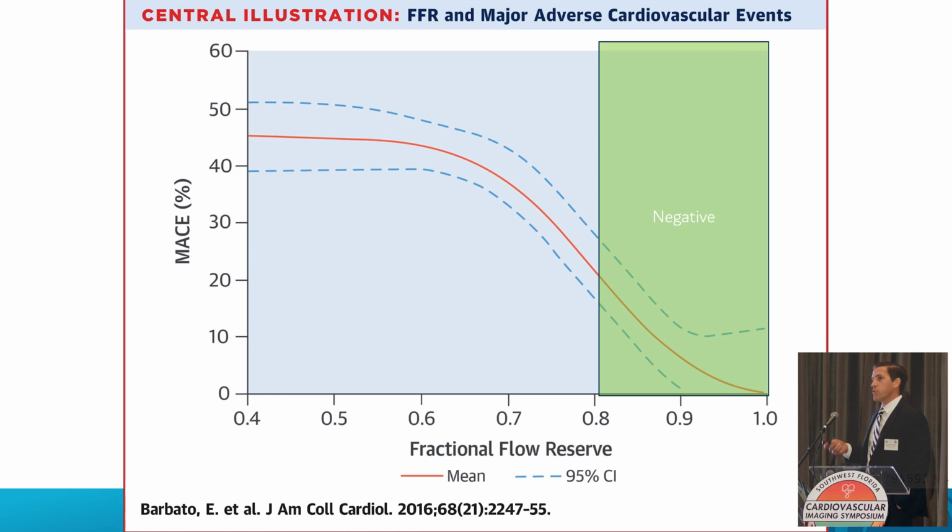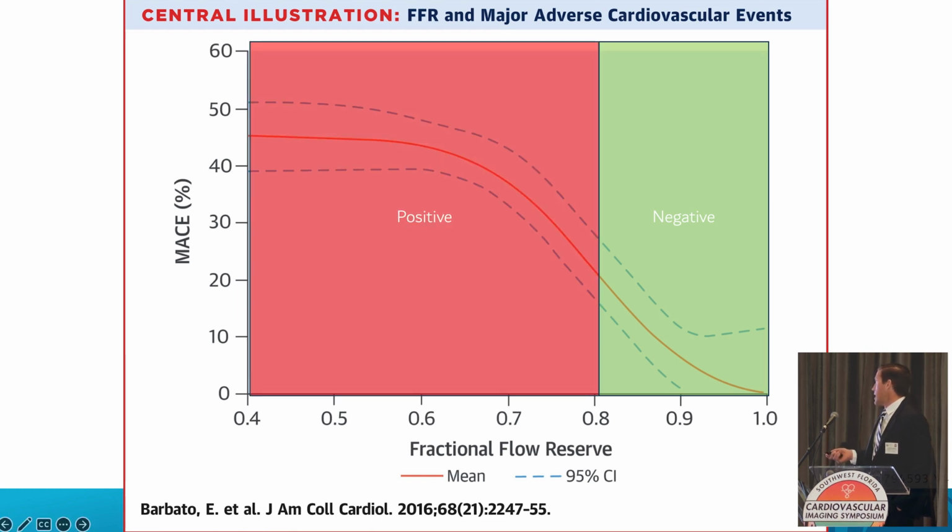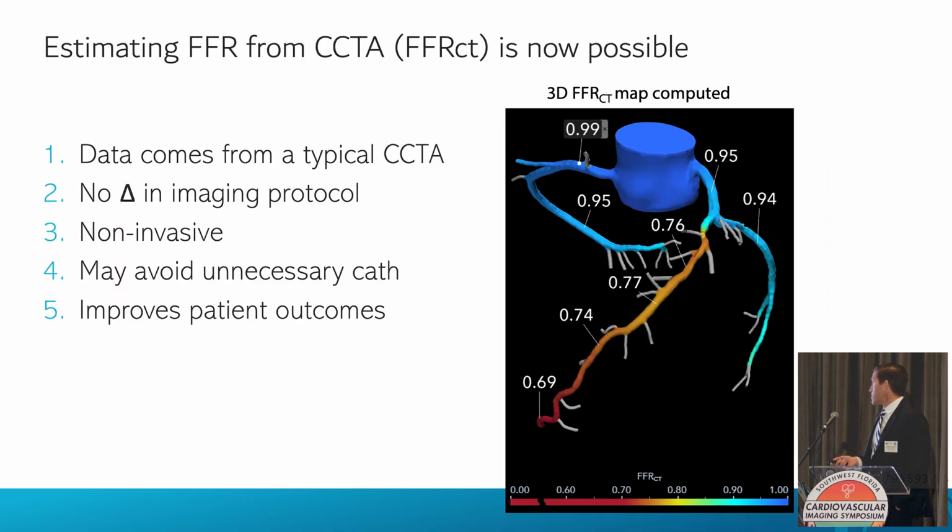And so we arbitrarily define 0.8 as this cutoff for a negative or a positive FFR. But keep in mind that it is a continuum, and there is a gray zone that I'll discuss in a little bit. Obviously, an FFR value less than 0.8 carries a much higher risk of MACE. Greater than 0.8, we consider that negative, even though there may still be an increased risk of MACE.